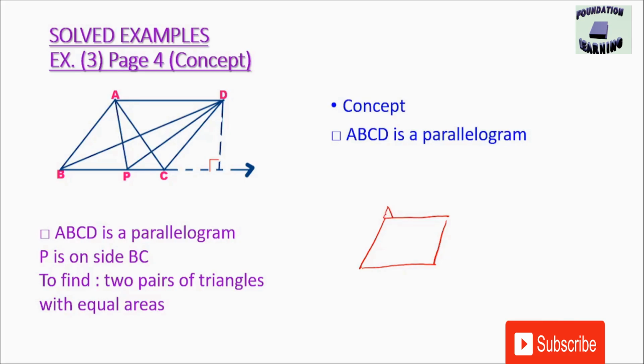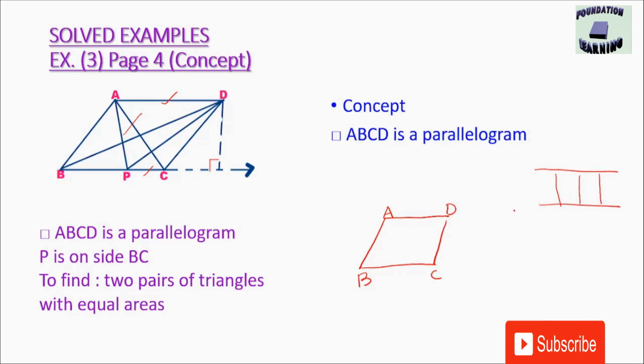Now you have A, D is here, C is here and B is here. All the triangles which are drawn between these two parallel lines, AD and BC, the distance between the parallel lines is the same. As I said, parallel lines never meet, so the distance remains the same throughout.